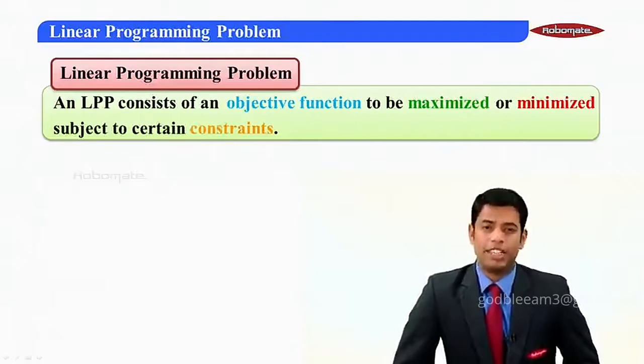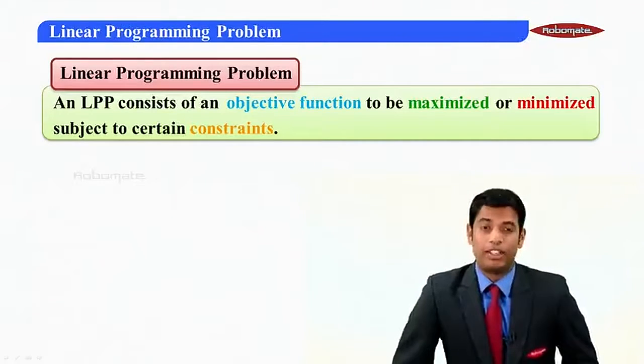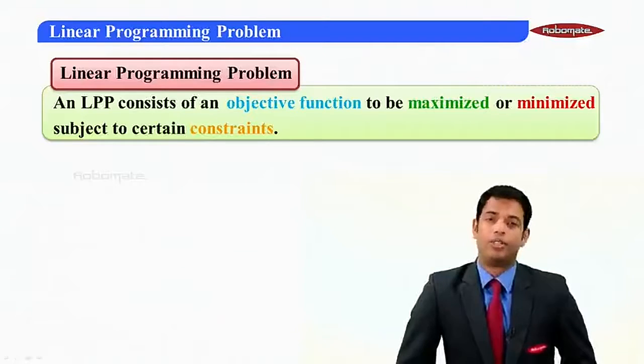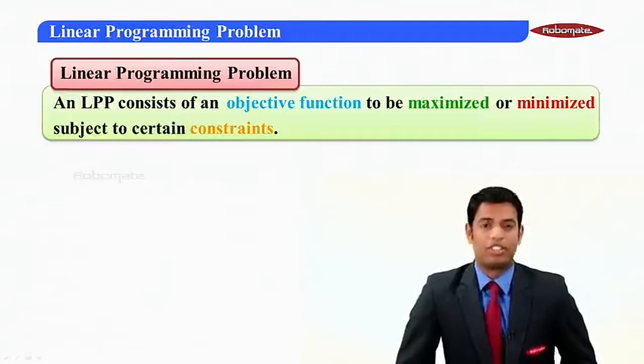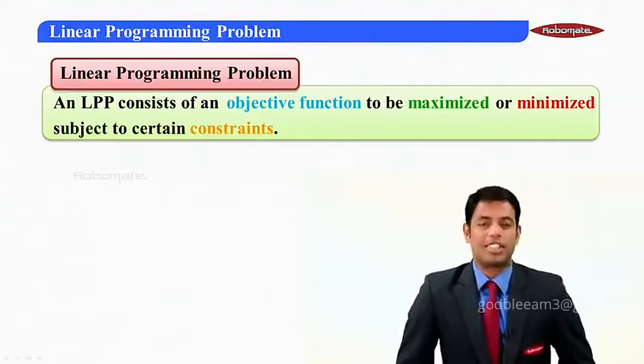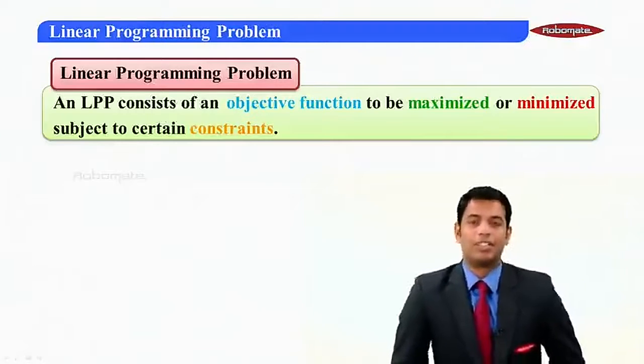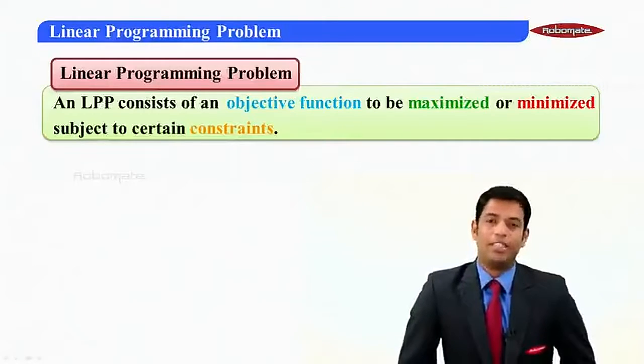Remember, when the objective function is profit, we need to maximize it. When the objective function is cost, we need to minimize it. So basically that is what is called LPP.